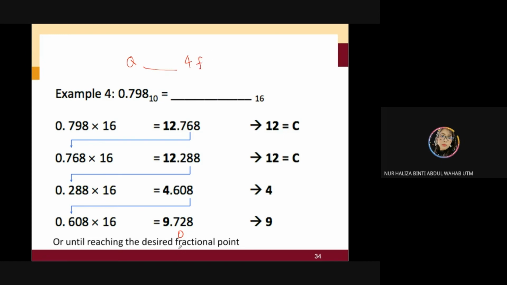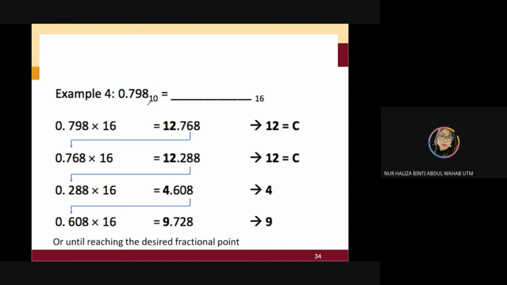So you're going to stop at 4. If it's mentioned 5, you need to continue until 5. It depends on the question. So no need for you to worry if there will be a continuous value with the fraction, because we're going to give you a stop.